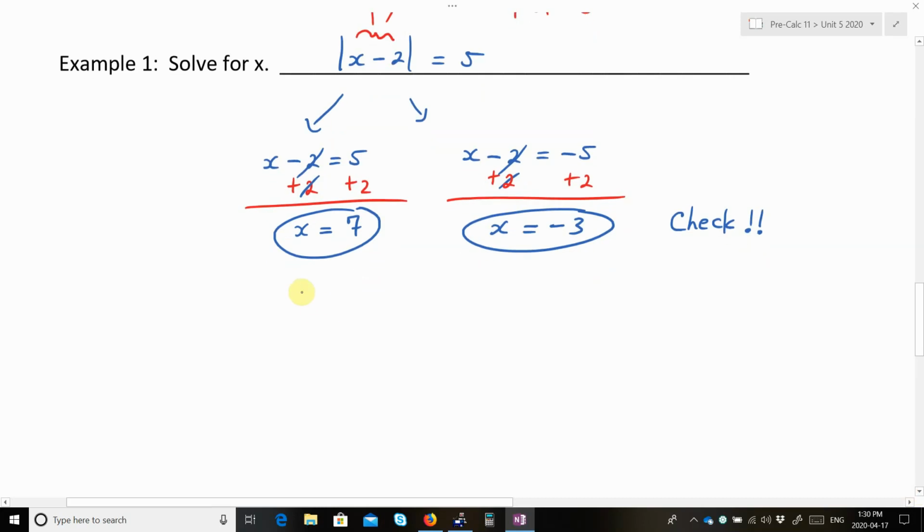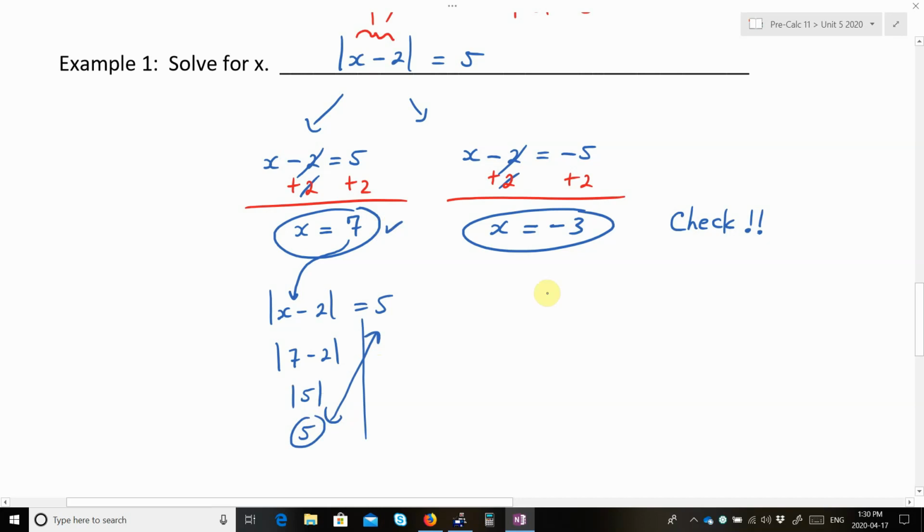Okay, so let's check the 7. The original equation is absolute value of x minus 2 equals 5. And we're going to take the 7 and plug it right there. Let's do our little barrier. And we will go the absolute value of 7 minus 2, which would work out to the absolute value of 5. And the absolute value of 5 is 5. So that works.